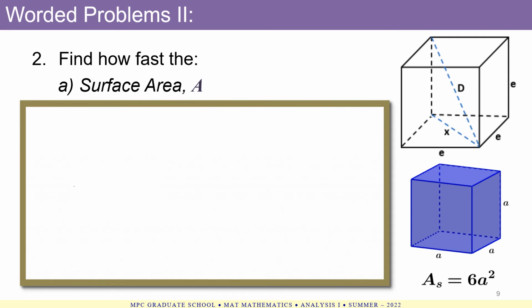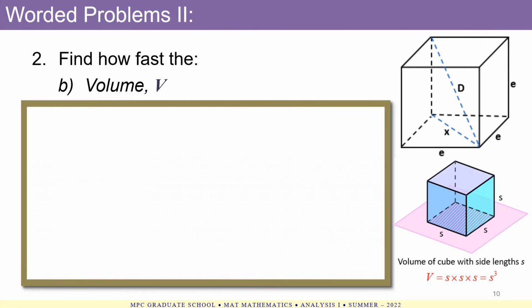Okay, find the surface area. The formula for surface area is 6a squared, where a is the edge. Just by following it, we will get 6e squared, and then the derivative of that is 12e. That's it.